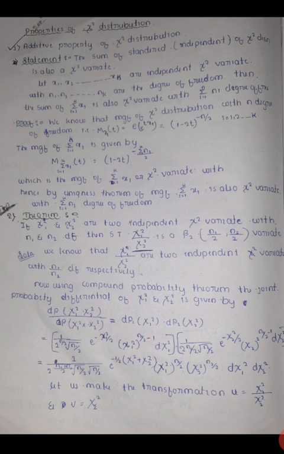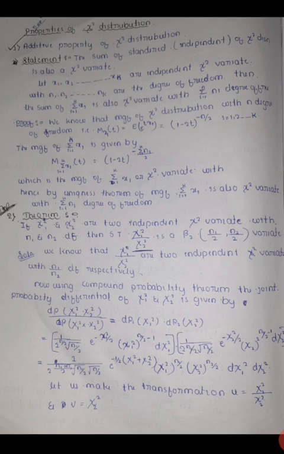The proof of the given property. We know that the mgf of a chi-square distribution with n degrees of freedom, that is M xi of t, is equal to the expectation of e raised to t xi, which equals (1 minus 2t) raised to minus n by 2, for i equal to 1 to k. Already you know the mgf of a chi-square distribution is (1 minus 2t) raised to minus n by 2.